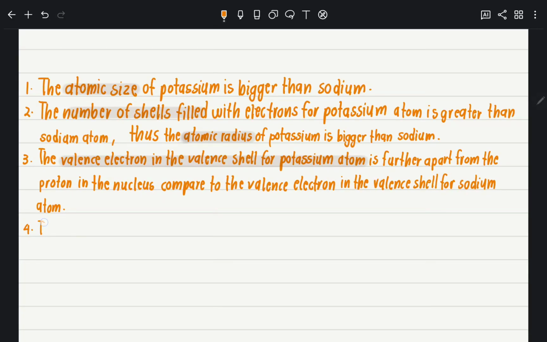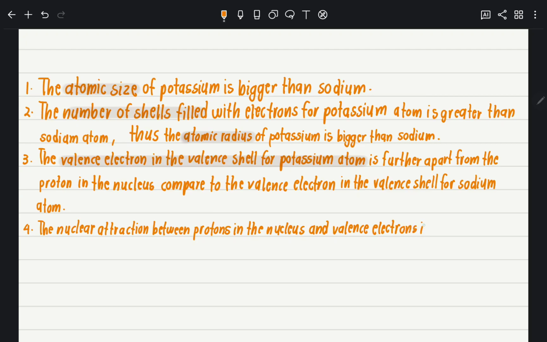So you should say like this: the nuclear attraction force between protons in the nucleus, ataupun proton pun enough lah, and valence electron lah better juga, in the valence shell.